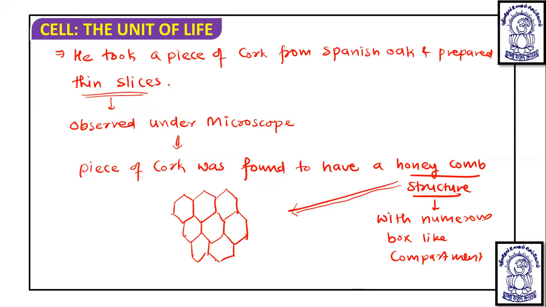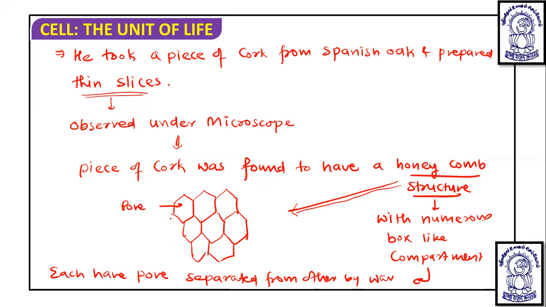The honeycomb structure was seen with many compartments, and each compartment has a pore separated from the other by a wall. You can see here it is a pore, and this is the wall which is separating them. Like this, he observed the structure under the microscope.